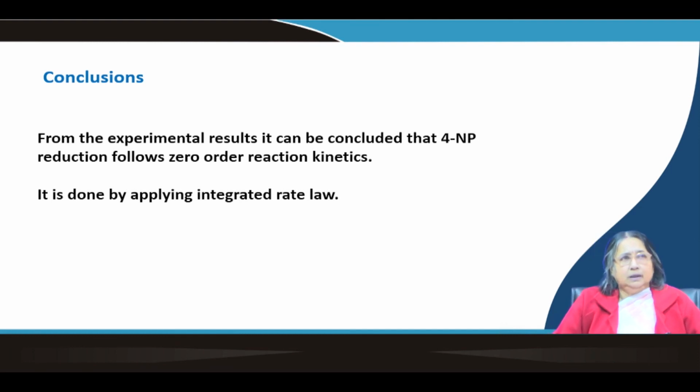And from the lectures under module 3, that chemical kinetics, you know what do you mean by rate of a reaction, order of a reaction, how to determine the order, how to determine the rate, and what are the different methods to know the order of a reaction.